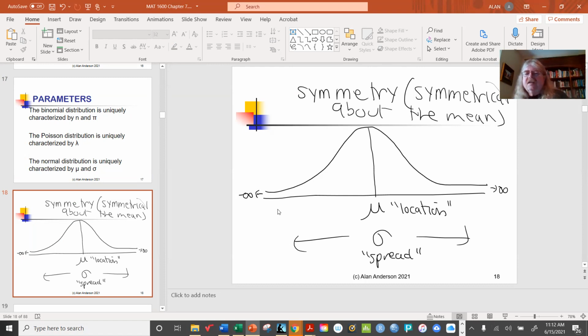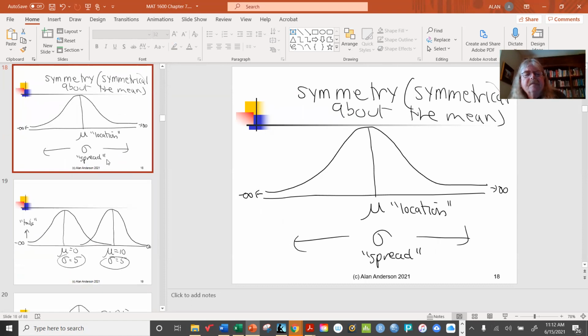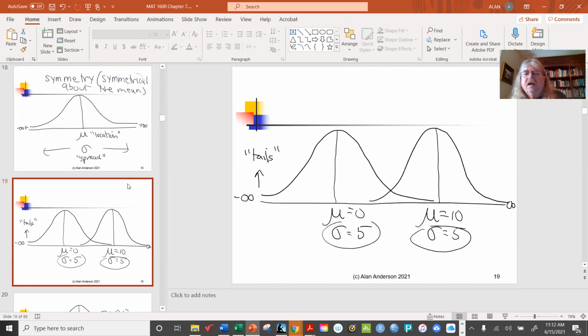All right, so let's see some examples of how the mean and standard deviation affect this graph. We're going to start with a case with 2 different normal distributions that have the same standard deviation but different means. If you notice, they have the same shape.